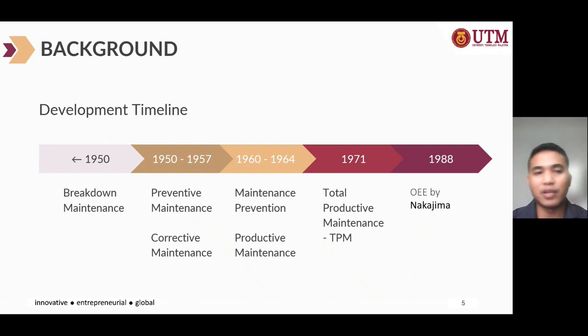It kept improving from 1915 to 1971, from preventive maintenance to corrective and productive maintenance. In 1971, they introduced TPM, which I believe had been presented by Group 1. Then by 1988, OEE had been introduced by Nakajima.